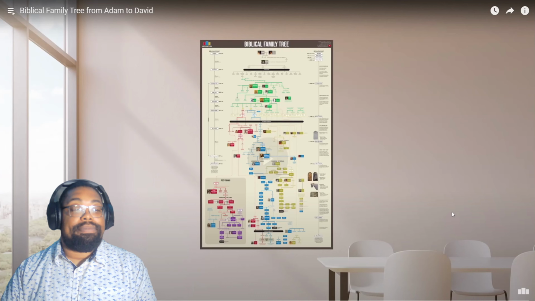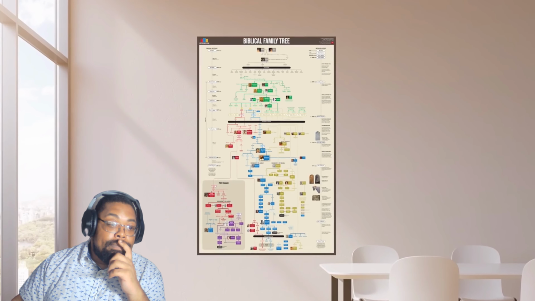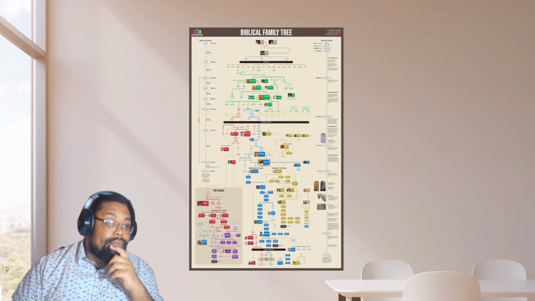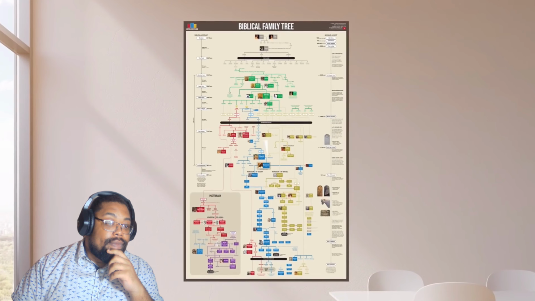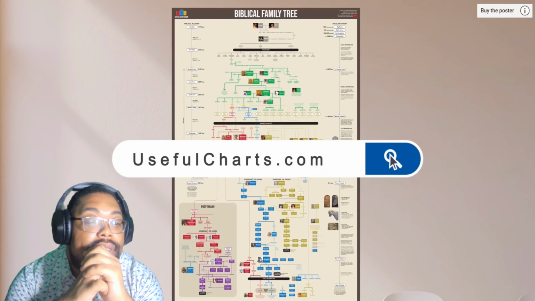This is Useful Charts, Biblical Family Tree. Today I'm going to show you the family tree of the Bible, from Adam and Eve to King David. I'll be using my brand new biblical family tree chart, which can be purchased as a poster from my website, UsefulCharts.com.